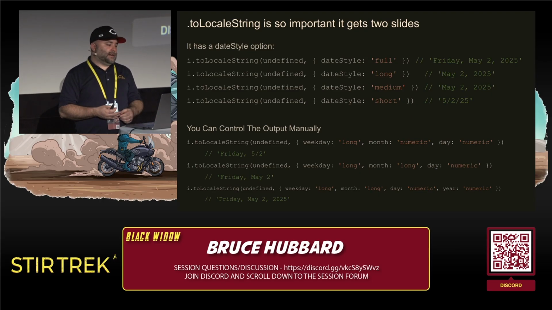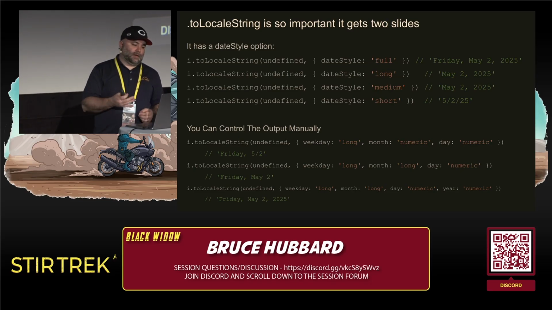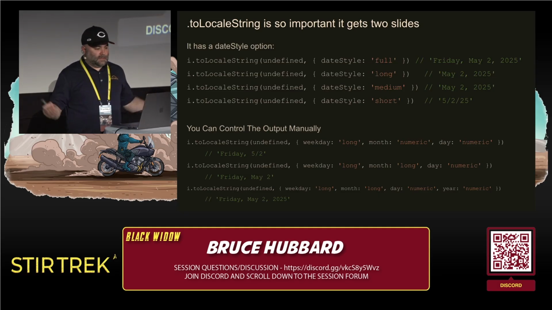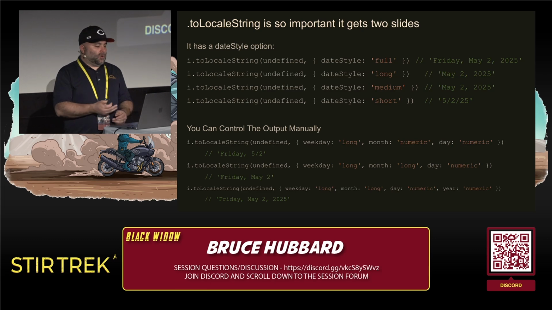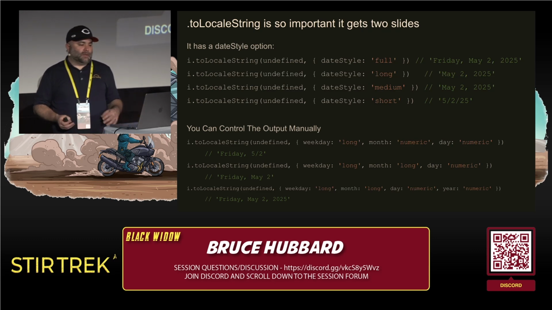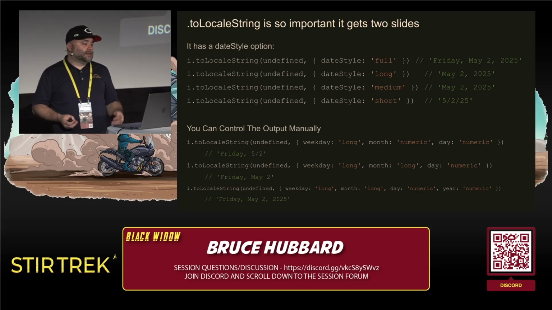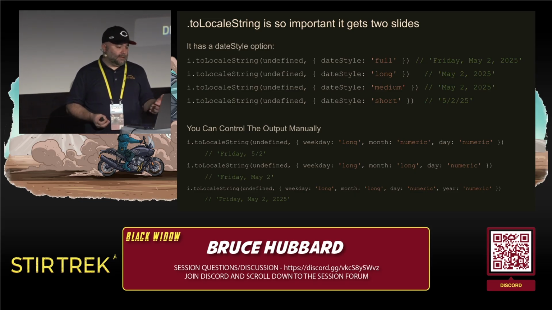One of them is dateStyle. So dateStyle options are kind of like pre-built options that you can use for displaying dates. There's full, long, medium, and short. You can kind of see what they do over there. The full kind of gives you a lot. I don't know if I've ever seen dates really display like that, but long and medium and short are pretty useful. But if you don't like the pre-built ones, there are additional flags that you can pass in for weekday, month, and day.